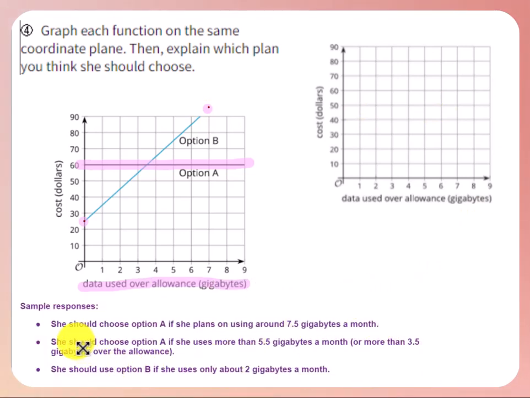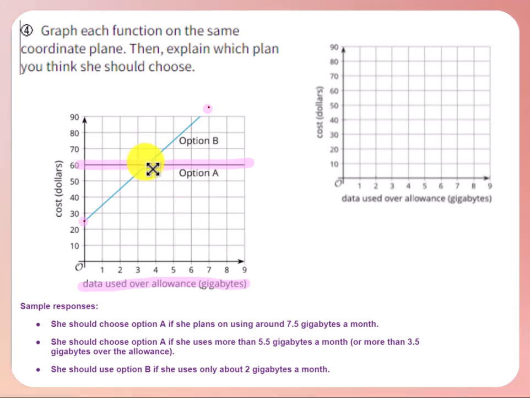All right, now we have to explain which plan you think that she should use. She should use option A if she plans on using around 7.5 gigabytes a month, because look what happens at 7.5. Option A is a lot cheaper. She should use option A if she uses more than 5.5 gigabytes per month.